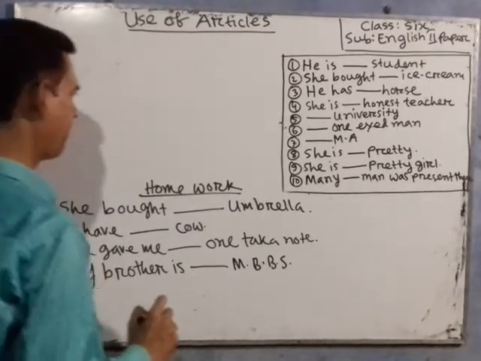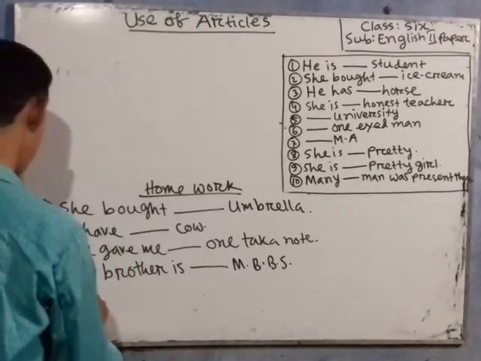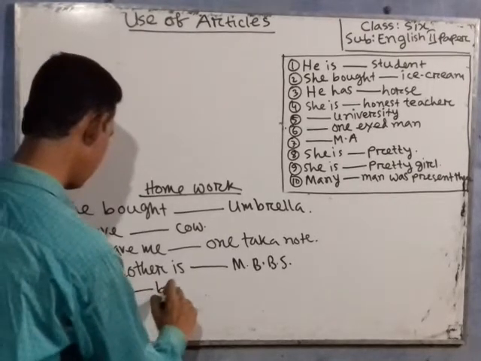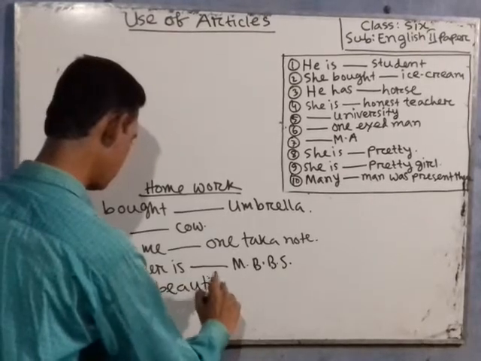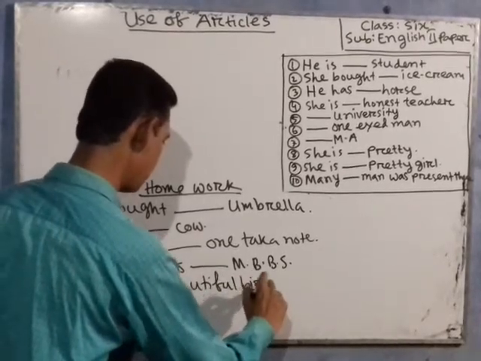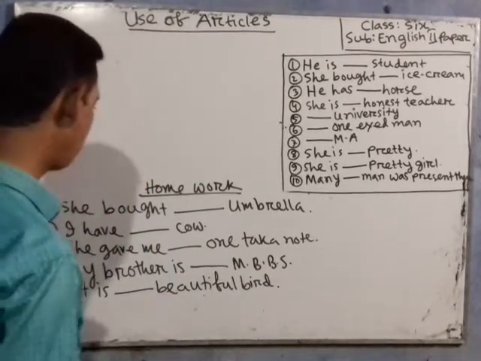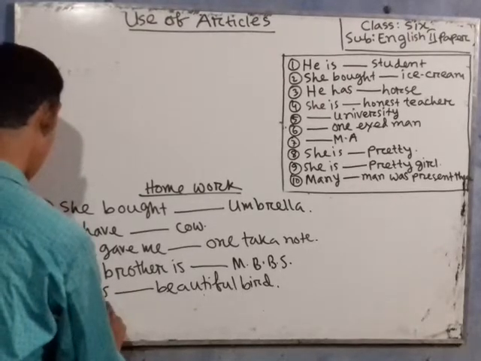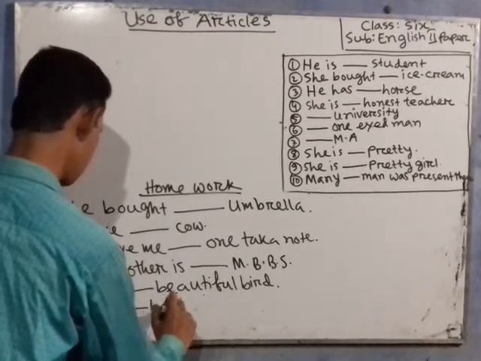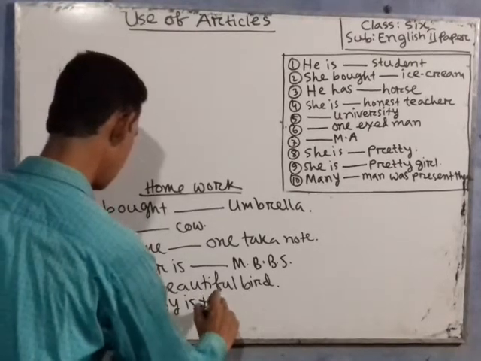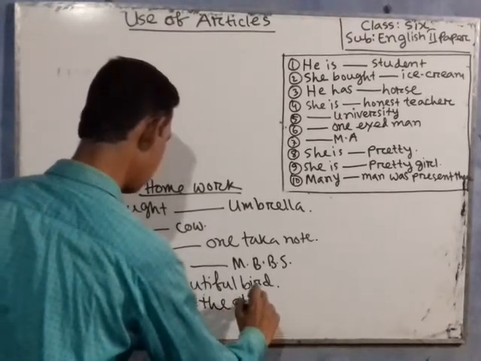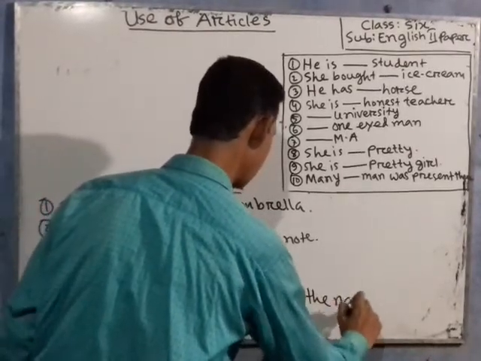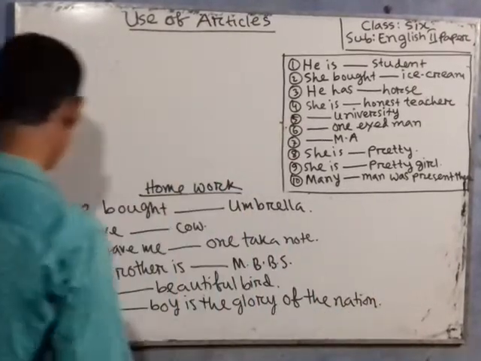Number 5: it is dash beautiful bird. Number 6: such dash boy is the glory of the nation.